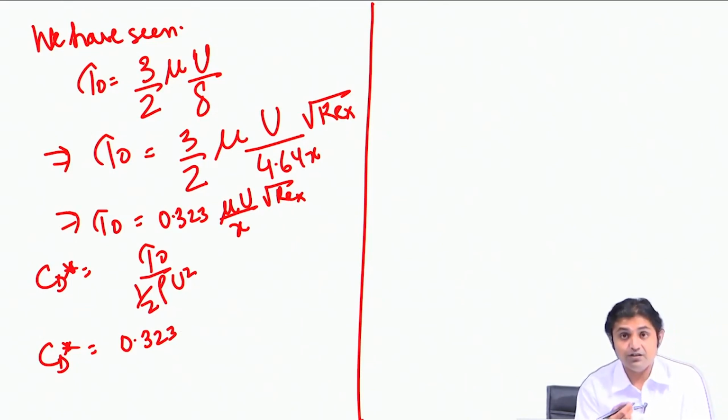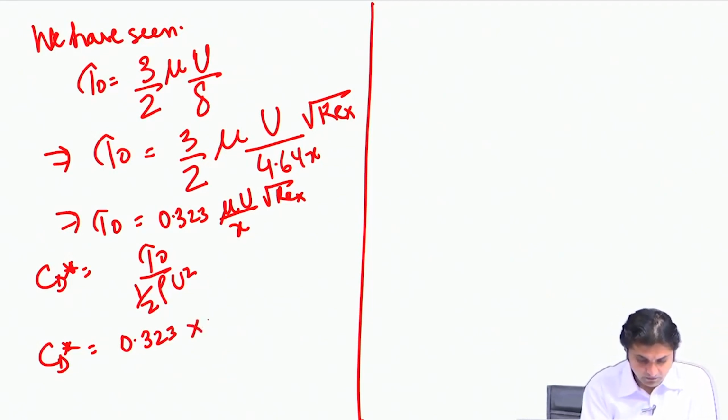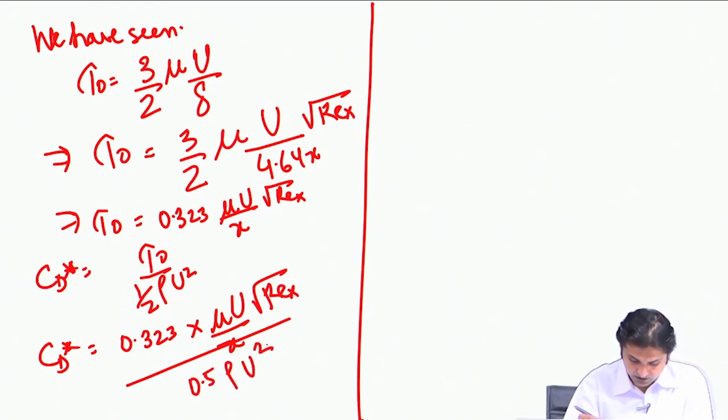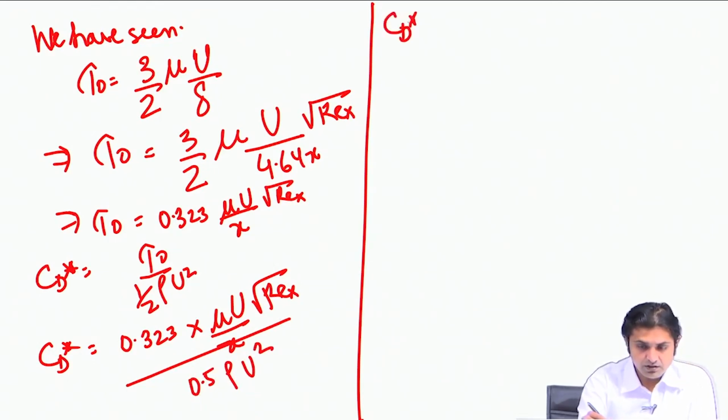So now this is the derivation in terms of a question. Okay, and I basically skipped it so that we could solve it as a question. So mu capital U by x under root Re x divided by 0.5 rho capital U square.